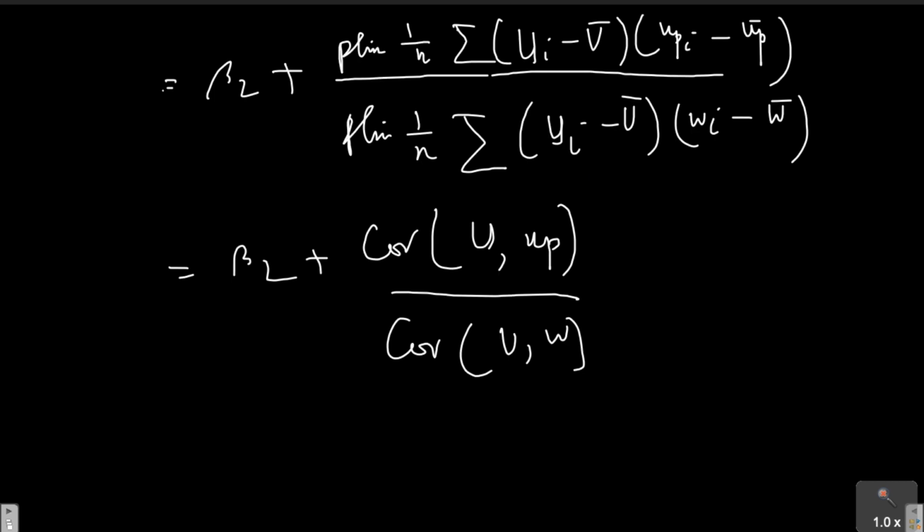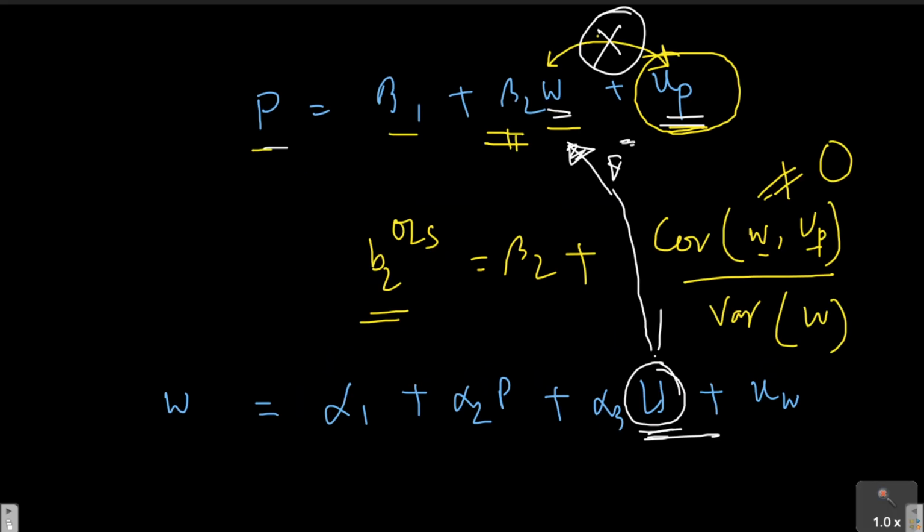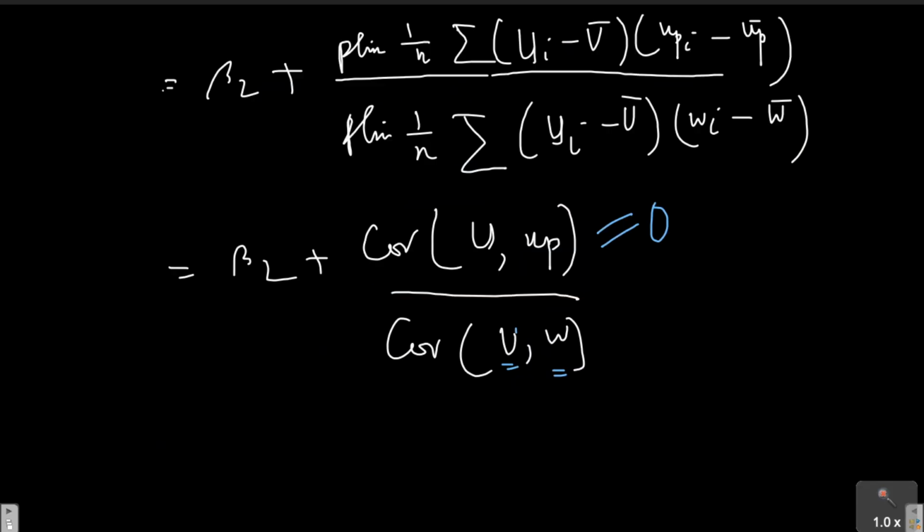Because U and UP are independent, I can claim that this term is equal to 0. Okay, and the denominator term, W and capital U, again they are not 0 because capital U is an important regressor for the second equation. For the wage rate, I have my U, which is my regressor for wage rate. So if there's a regressor, then the covariance cannot be 0.